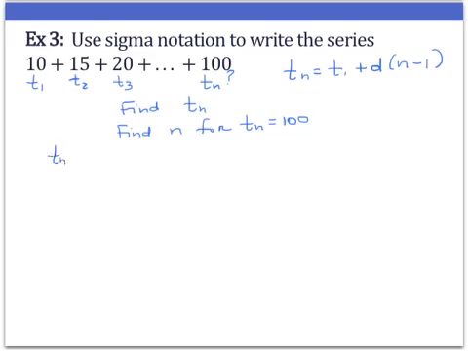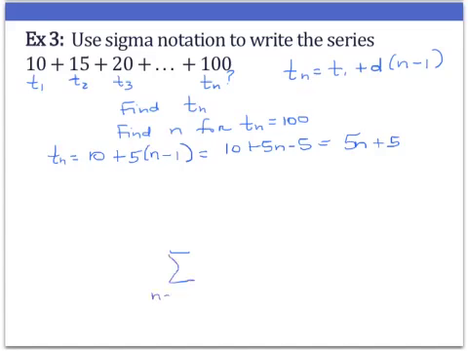So Tn equals 10 plus 5 times n minus 1. We're looking for the general formula. So 10 plus 5n minus 5, that is 5n plus 5. Alright, so we'll write our sigma down here at the bottom.